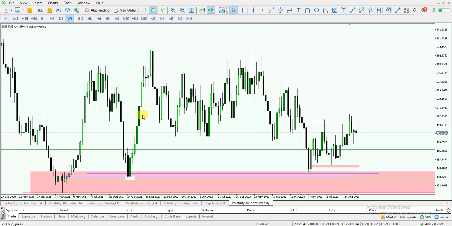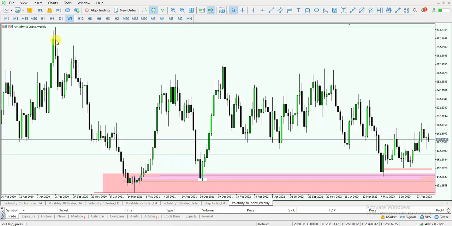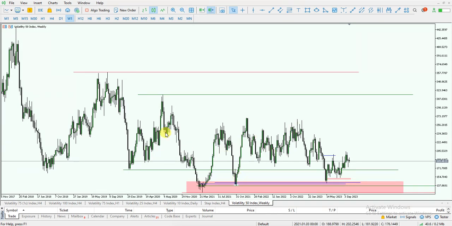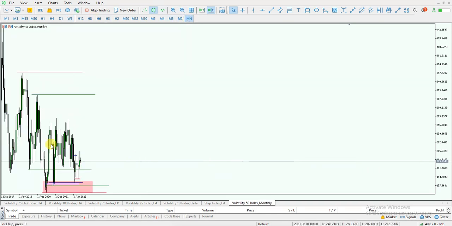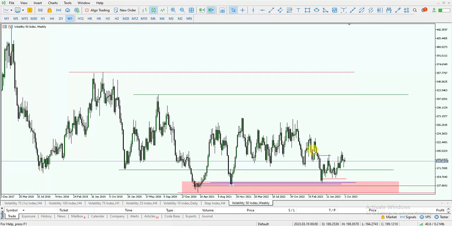Now another important thing I want you to know, I'll come and show you something inside this. In as much as we even have some form of consolidation in here, or when you look at it on the monthly time frame, you could see that there was a lot of consolidation in here, yet still on the smaller time frame you may be able to decipher and tell if there are trends in there.